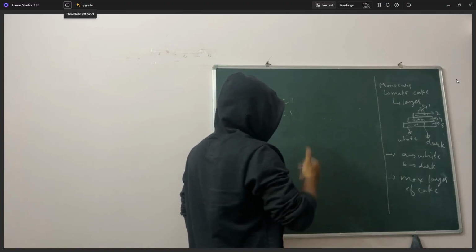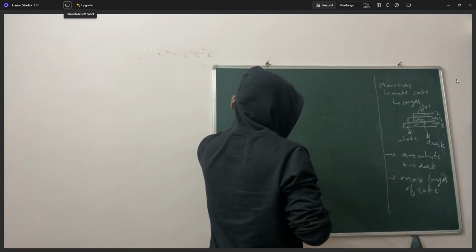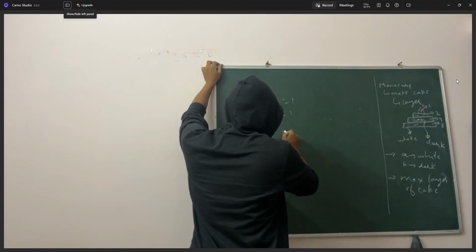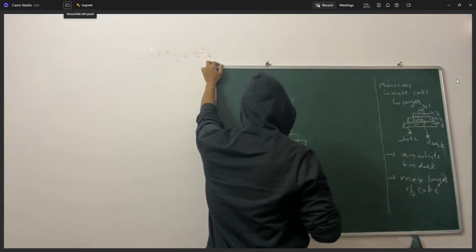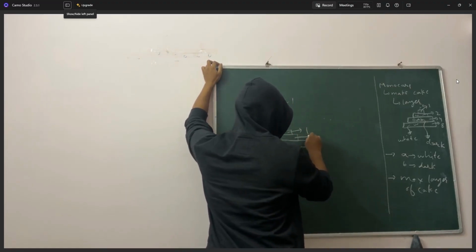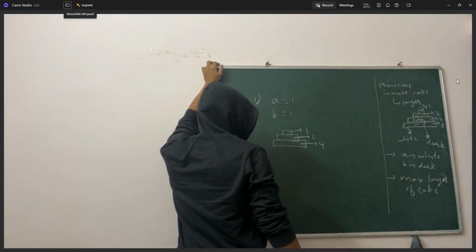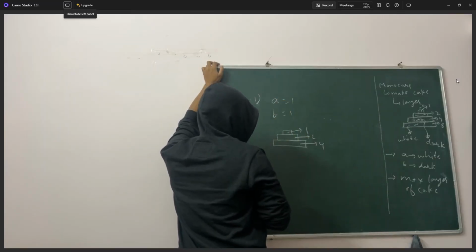I'll tell you why it is very important. If you want to build a cake of this kind, this size is 1, this size is 2, this size is 4. You have chocolates of limited quantity.